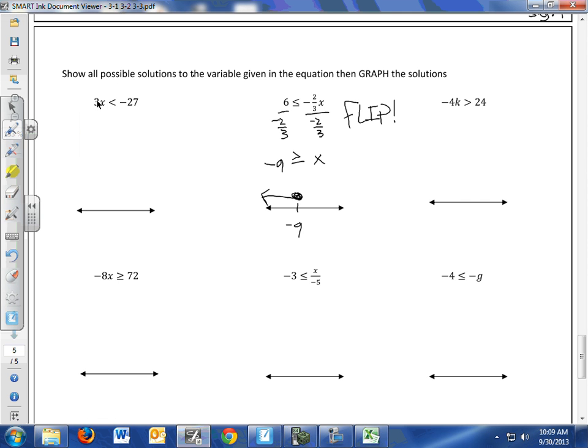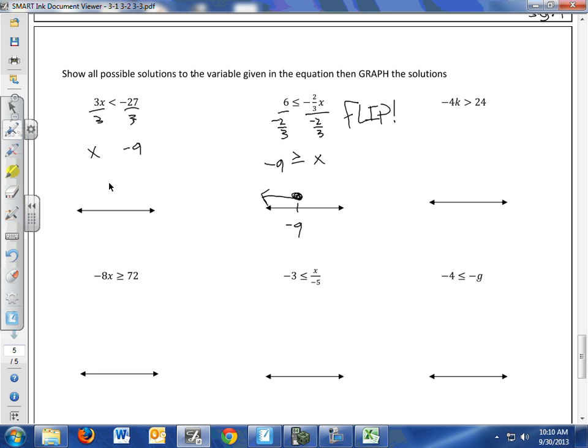Here, how do I solve for x here? Mr. I haven't called on yet. Mr. Cummings, I'll call on you. How do I solve for x in this situation? Divide by 3. Now, negative 27 divided by 3 is negative 9. Do I flip my sign? Mr. Cummings?